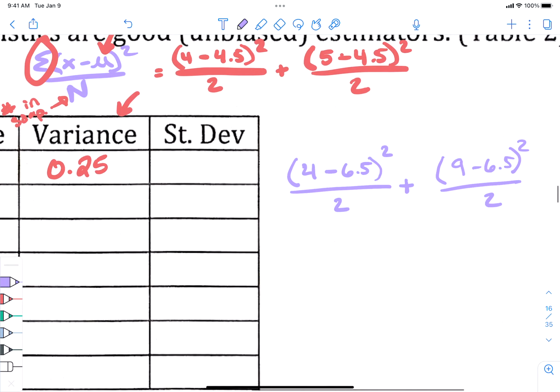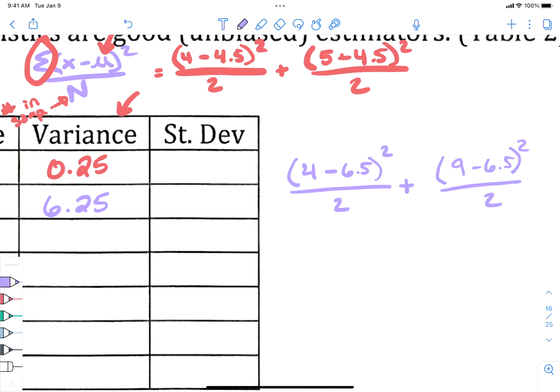Okay, that's the second one that we do. And I got like 6.25. Somebody see if you get the same as me. I don't know if that's right. I got 6.25 for a variance.